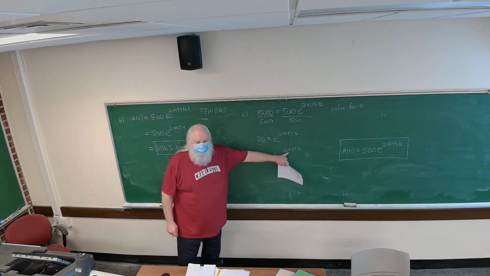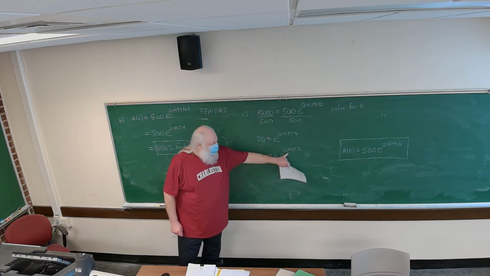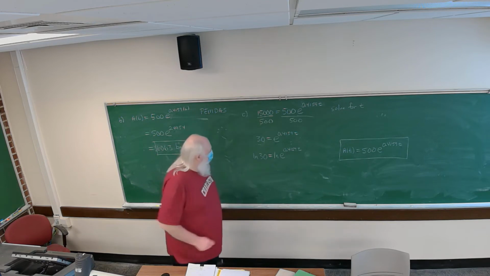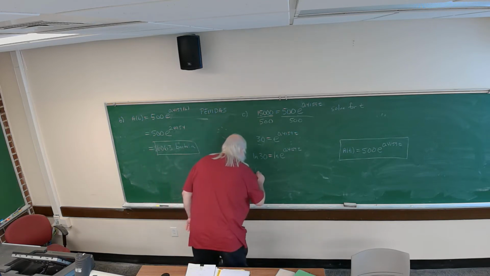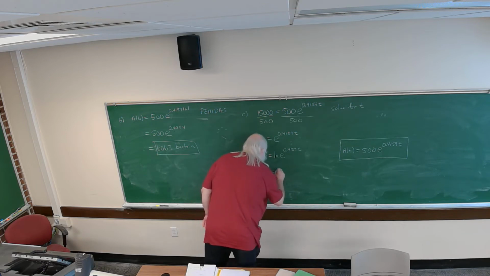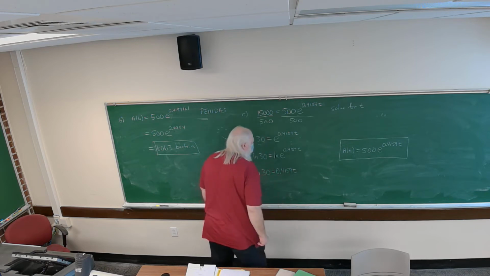And now the right hand side is just equal to this exponent, 0.4159 T. So we have the natural log of 30 is equal to 0.4159 times T.